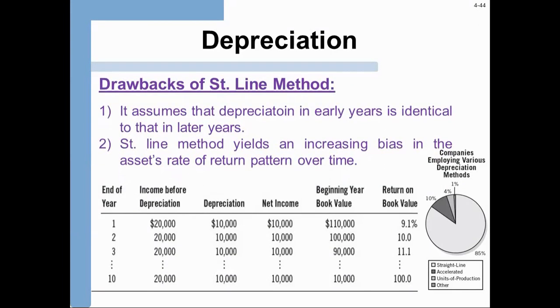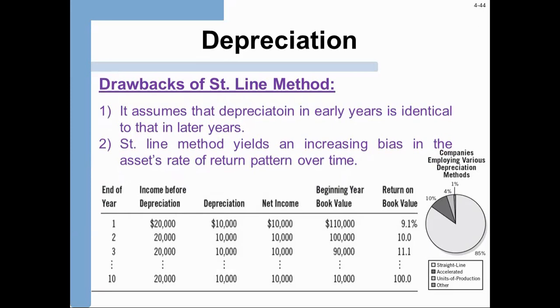Some drawbacks of the straight line method. The first drawback of the straight line method is that it assumes that the depreciation in early years is identical to the depreciation in the later years, which is actually not true, because in the early years of the plant or machine, the depreciation is less as compared to the later years.